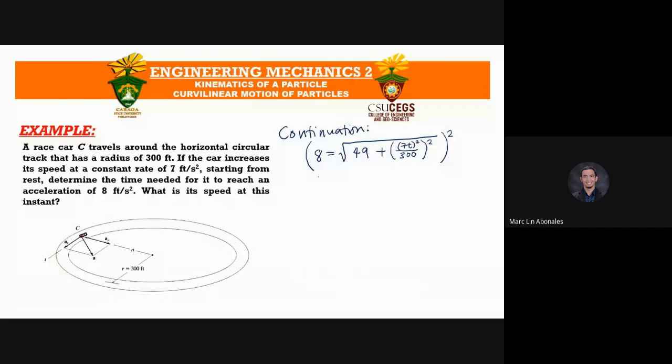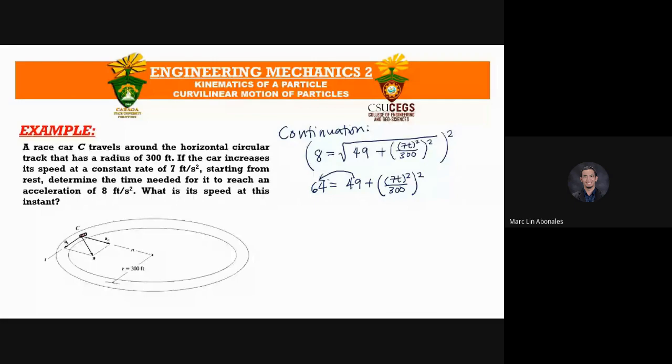So 8 squared, that would be 64. And that would be 49 plus 70 squared over 300 squared. Ang kaning second term, ang an ay 70 squared over 300, isa na ko ni i-simplify. So ako buhaton, i-transpose na ko si 49 sa pikas.